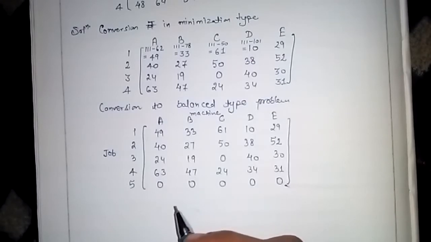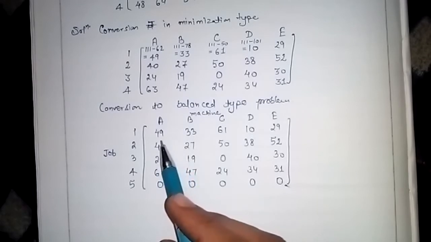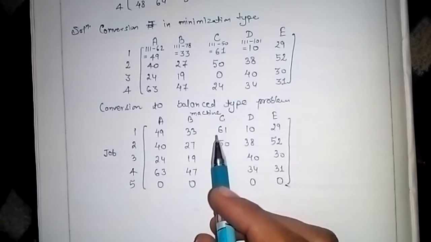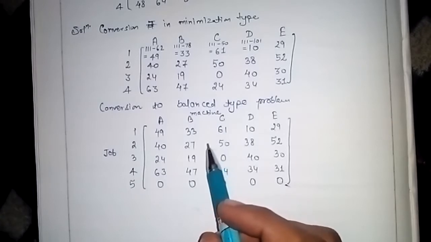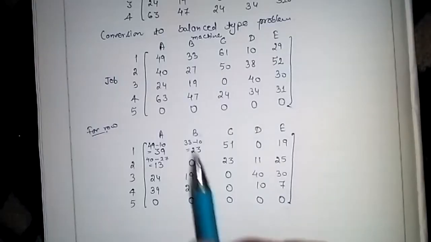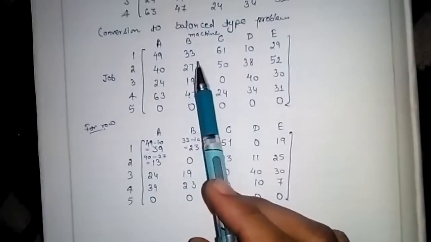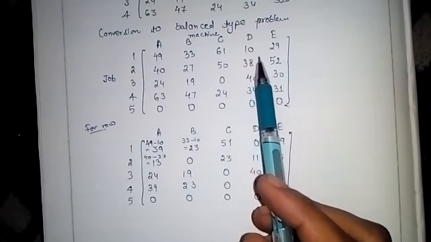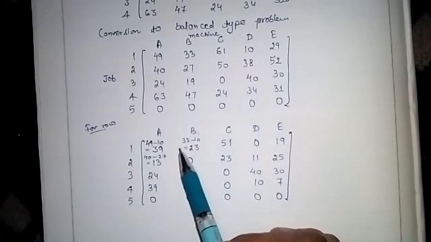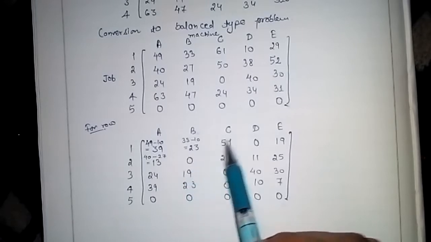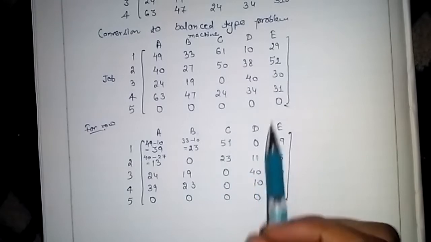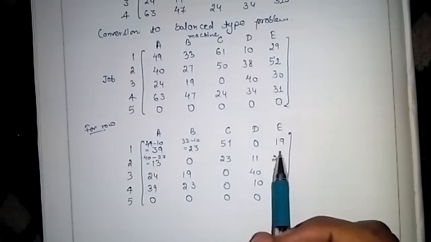Now we will subtract the minimum element of each row from all the other elements of that respective row. So now you can see here that the minimum element of row first is 10, and we have subtracted it like 49 minus 10 is 39, 33 minus 10 is 23, 61 minus 10 is 51, 10 minus 10 is 0, and 29 minus 10 is 19.